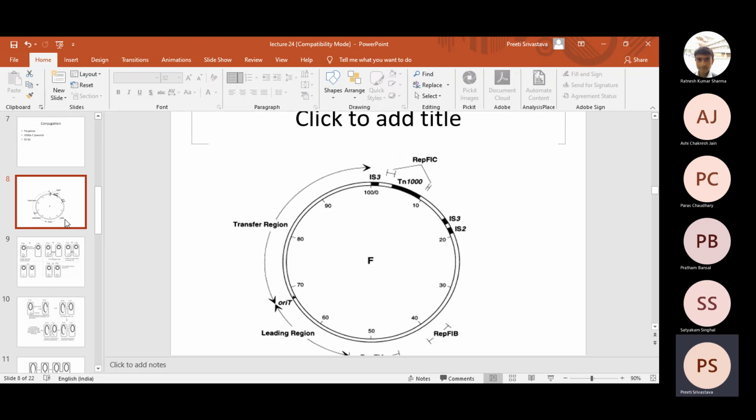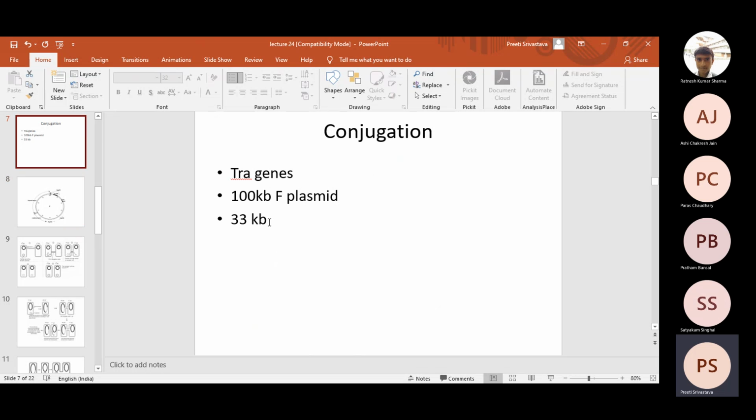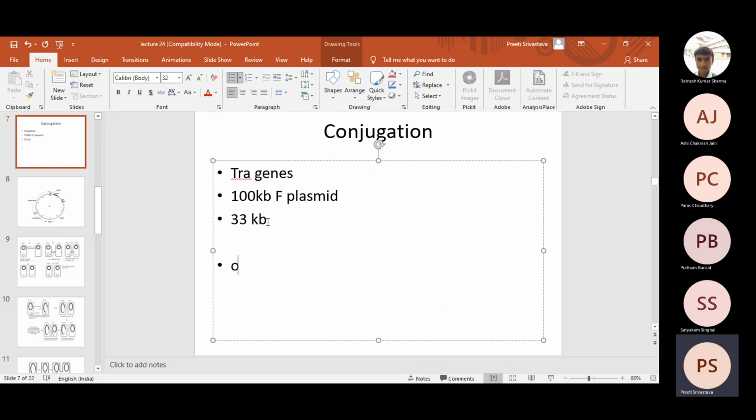The other important feature of the F plasmid is that it has an ORI-T, called the origin of transfer. T is for transfer.